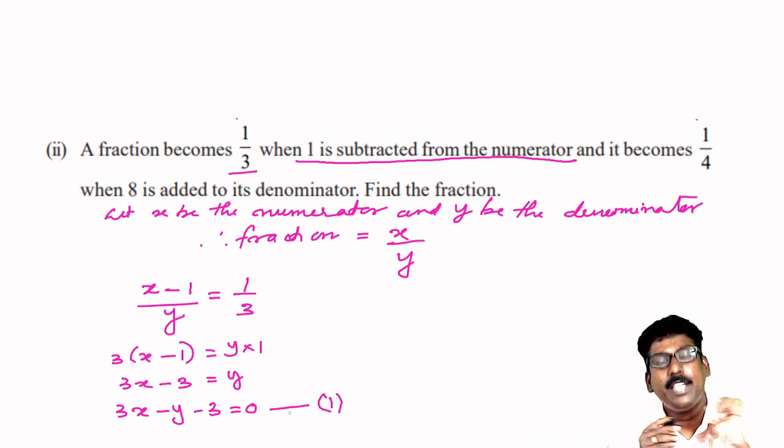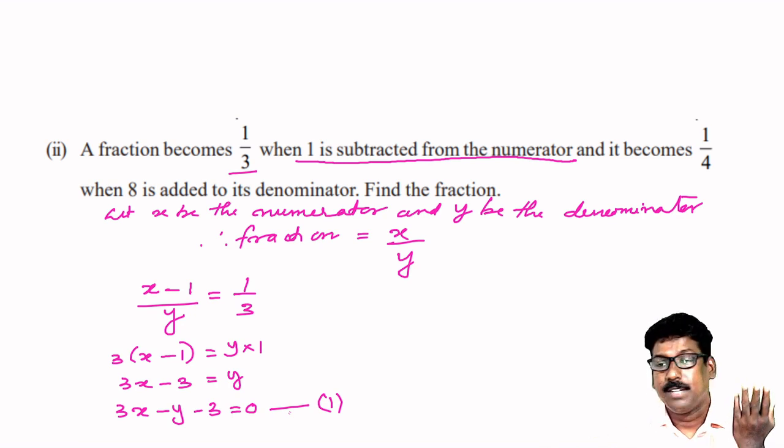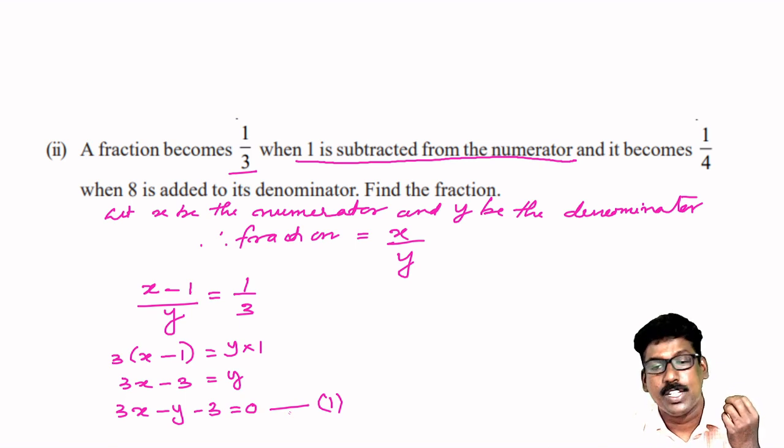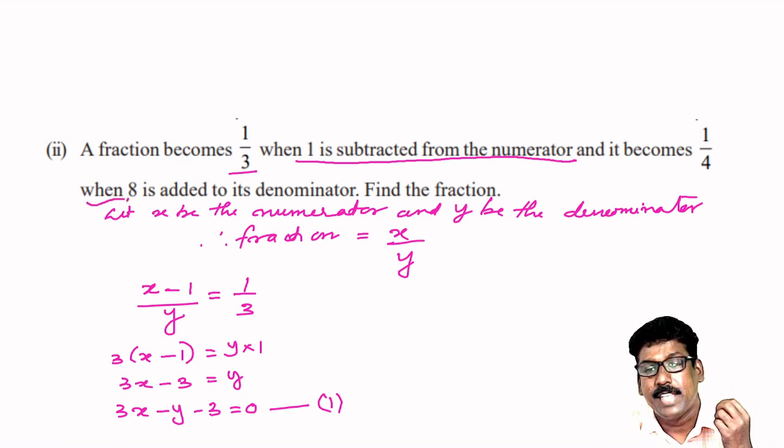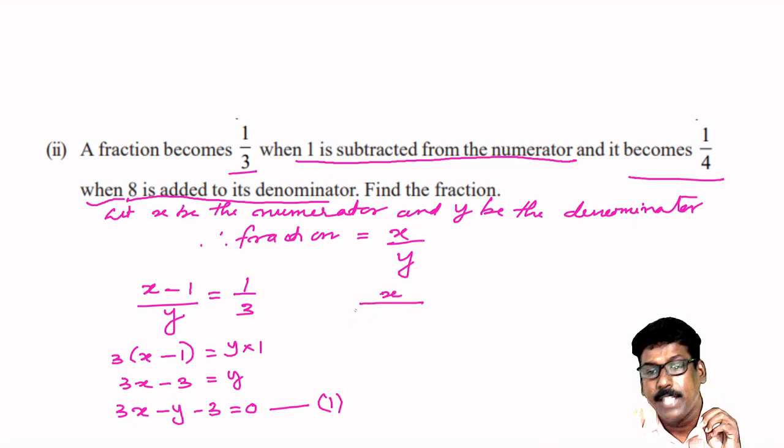So a1 is 3, b1 is negative 1, c1 is negative 3. Now what is the second condition? The second condition given in the question is, when 8 is added to the denominator, it becomes 1 by 4. That means no change in the numerator. The numerator you can take as x. 8 is added to its denominator, that is, the denominator is y plus 8, it gives 1 by 4.